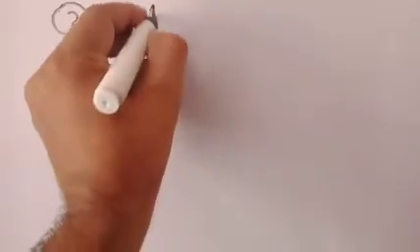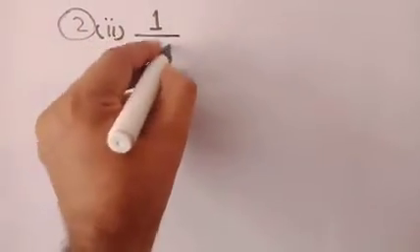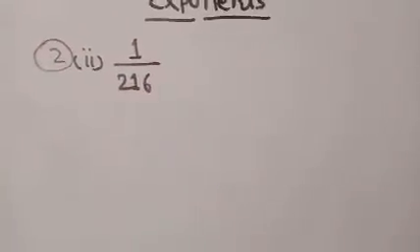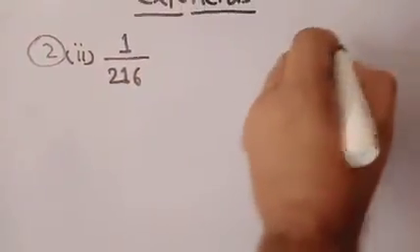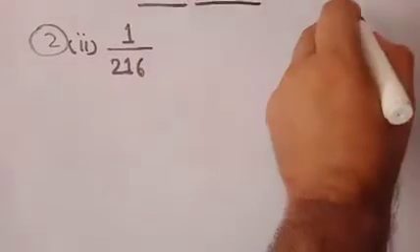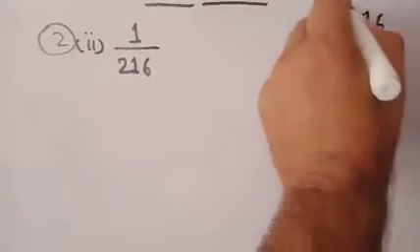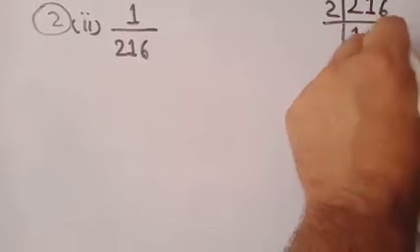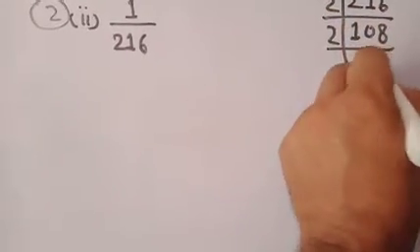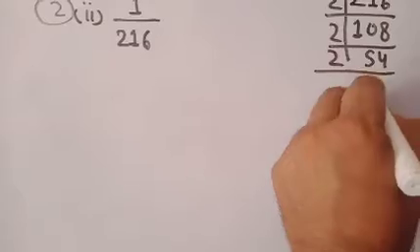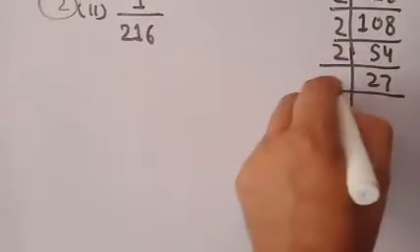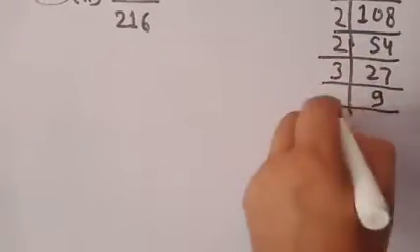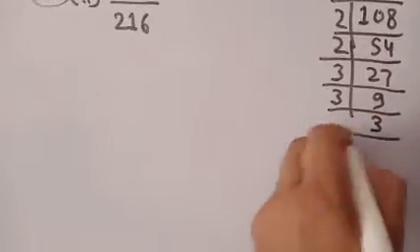The next part is 1 upon 216. Again, 1 will remain the same, but you have to find the prime factorization of 216: 2 108, 2 54, 2 27, 3 9, 3 3, 3 1.